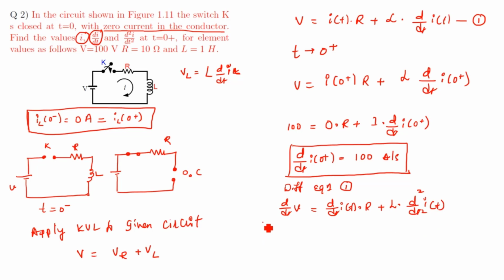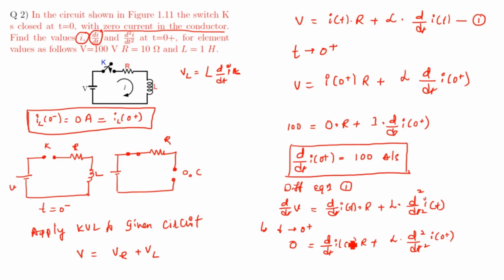Now replace t by 0 plus. Then it is differentiation of the constant, now it is 0. That is equals to d by dt of I of 0 plus into R plus L into d square by dt square of I of 0 plus. So we have calculated this value.